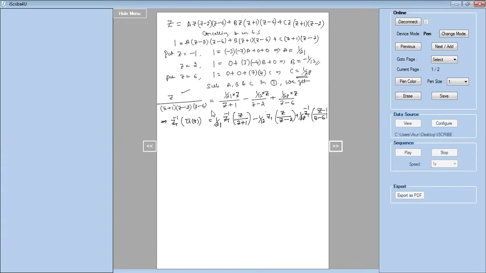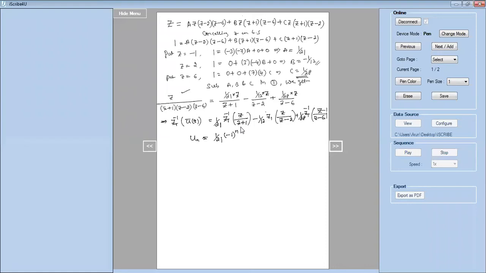So I'm taking inverse on both sides. And you know ZT inverse of U bar of Z is UN. So you get UN equals 1 by 21. So what is the inverse of Z by Z plus 1? Minus 1 power n.